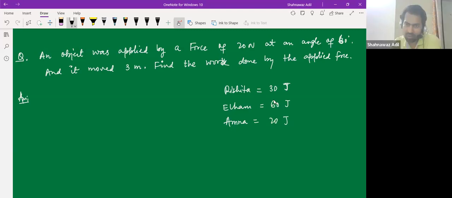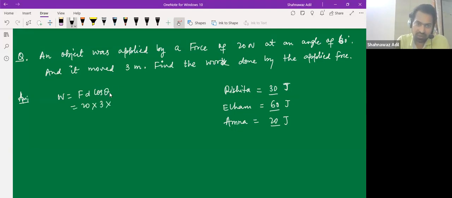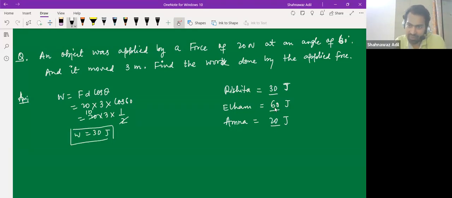So all these three answers are different. So what is work done? That is F D cos theta, right? So F is 20 and this is 3 and then we have cos 60, right? So 20 times 3 times 1 by 2, so 30.